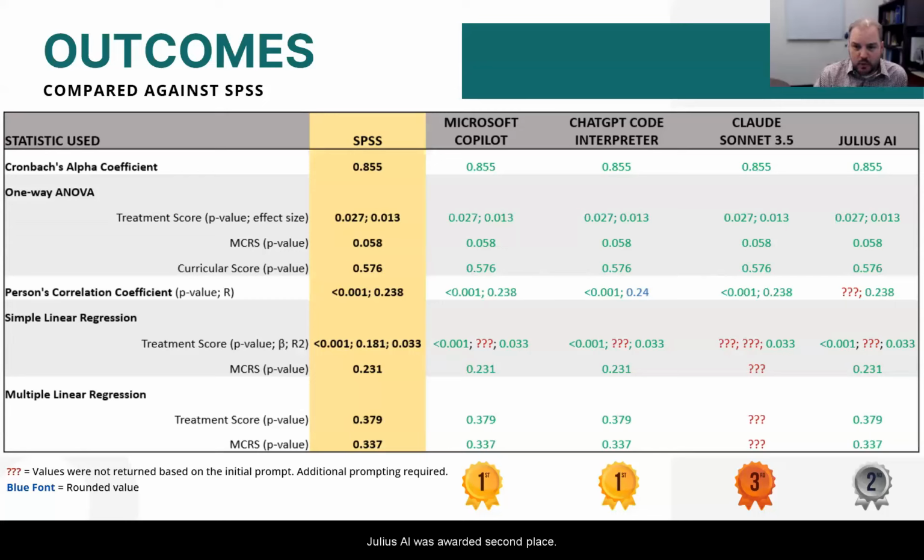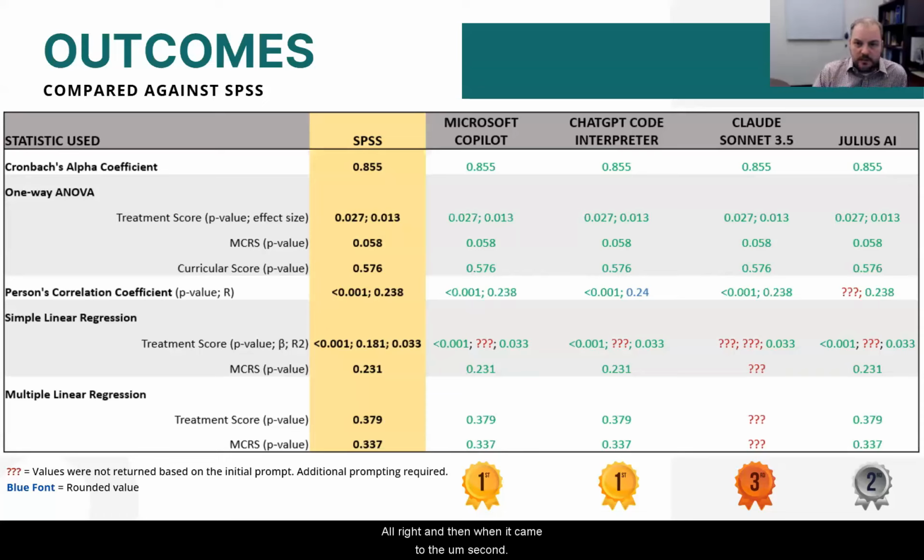Julius AI was awarded 2nd place, and then Claude Sonnet 3.5 I gave 3rd place because it required a lot of additional prompting to get out the values that I was interested in. And again, these are the values that you're most commonly going to report in your manuscripts.